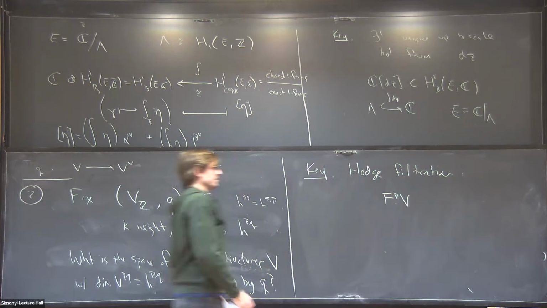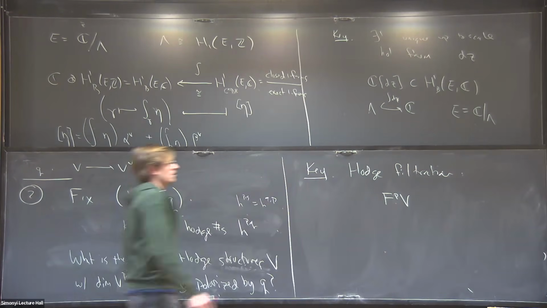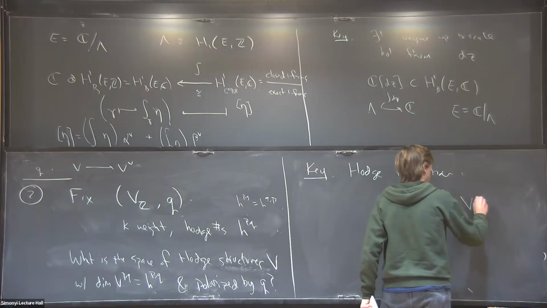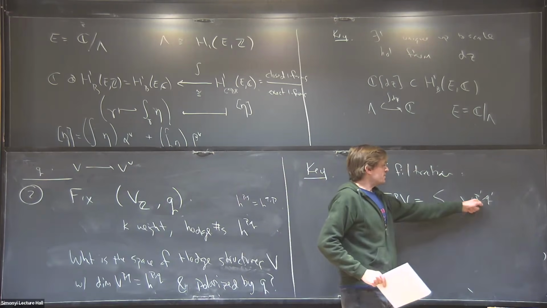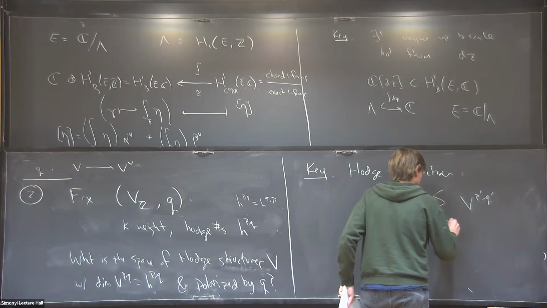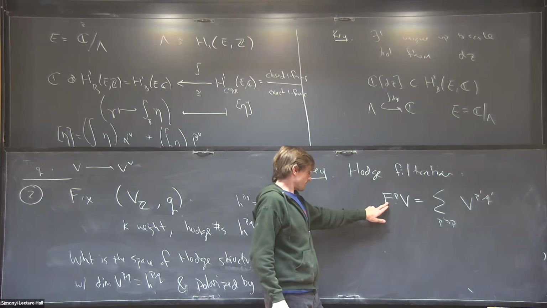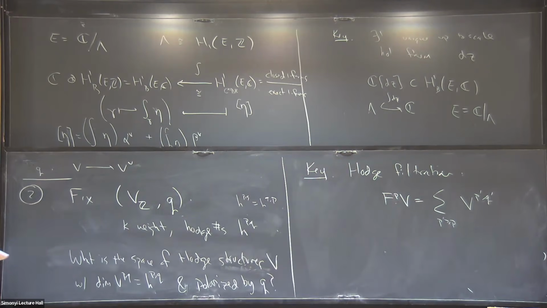I'll call it F^p V, but this is a filtration of V_C, which just entails summing together all the pieces of the Hodge decomposition where the first index is bigger than or equal to p. Okay, so as p increases, this is a stronger condition, so this is a decreasing filtration.